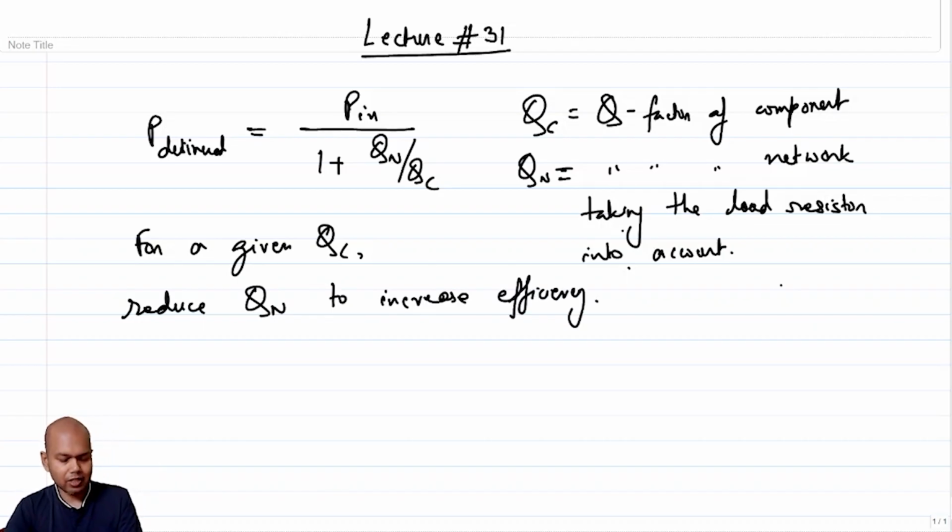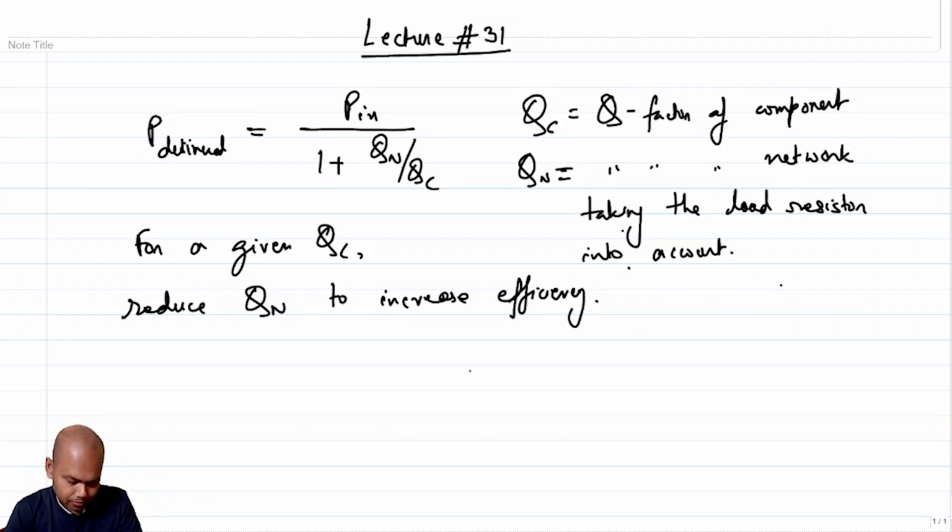So efficiency is the amount of power that you are delivering with respect to the amount of power you are inputting to the network. So any loss is a degradation of the efficiency. Now the problem with this argument was the fact that the Qn was related to the turns ratio of the equivalent transformer, or the impedance transformation ratio of the matching network, right?